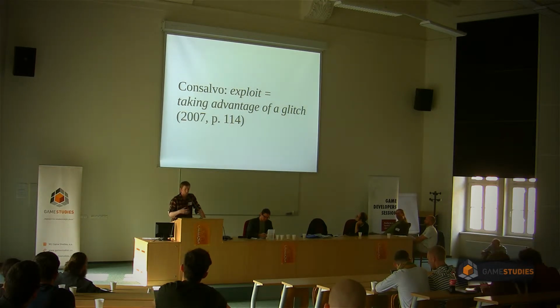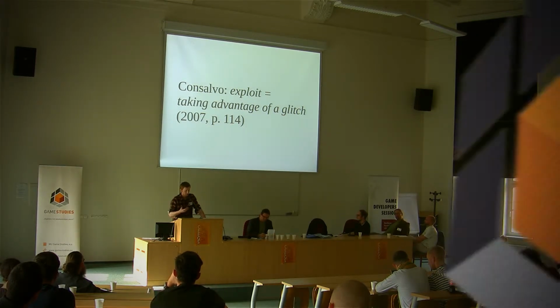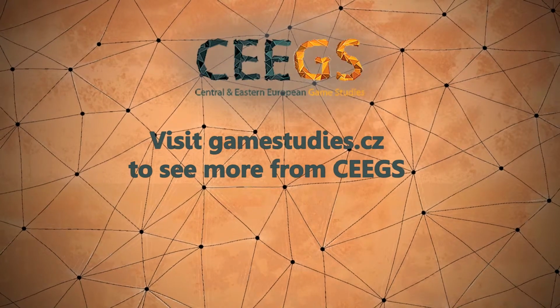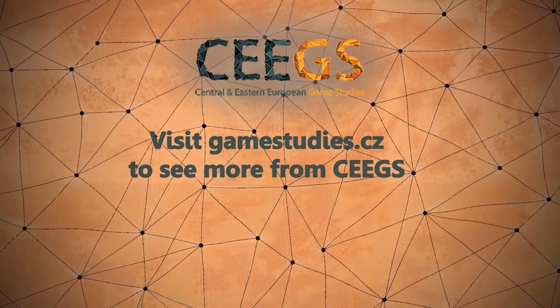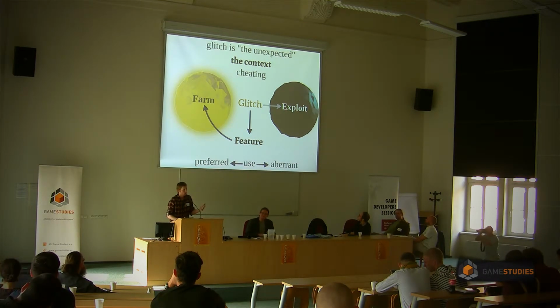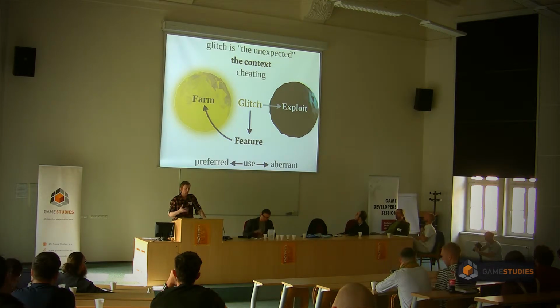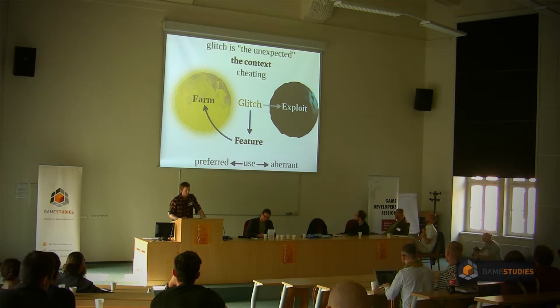So we know that if we use the glitch to gain some in-game resources and gain advantage, then we can call it an exploit. Going back, we can chart this diagram to give us an idea how we can interpret and reinterpret glitch in the context of cheating. If we use glitch to gain advantage, we can see it as an exploit.